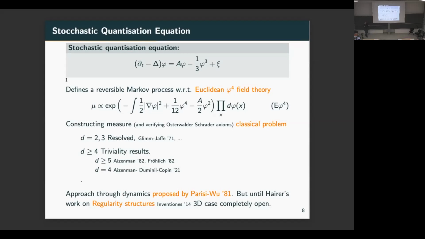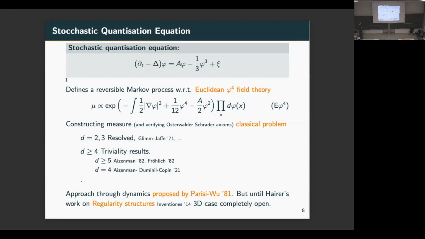That's it. So people were not even daring to look at that. And that is what Martin did in his breakthrough Inventiones paper on the theory of regularity structures, by now almost 10 years ago.